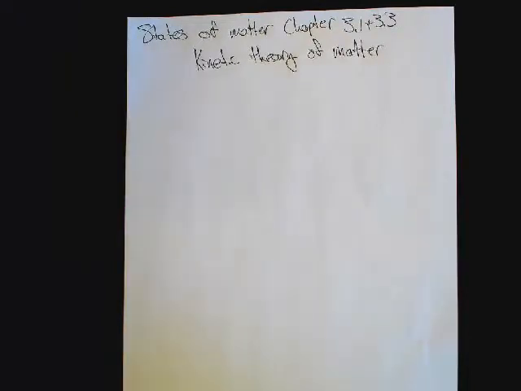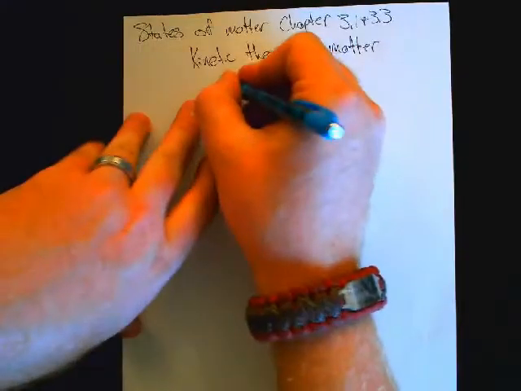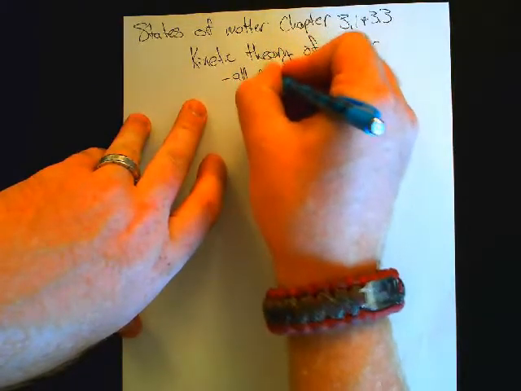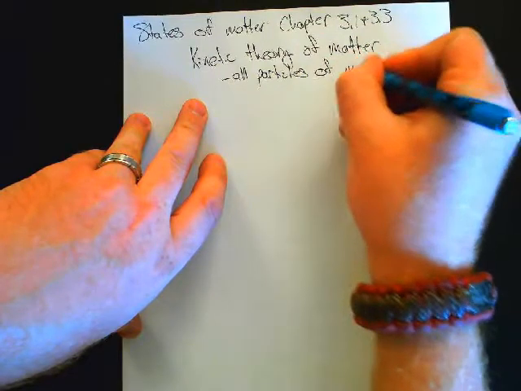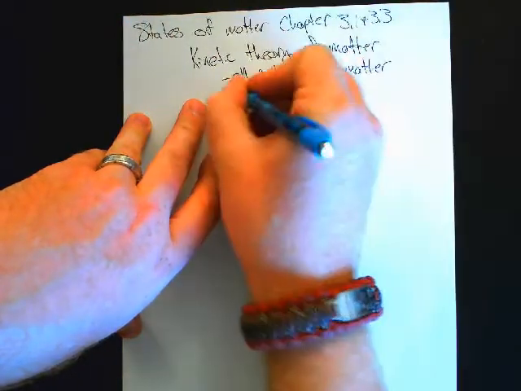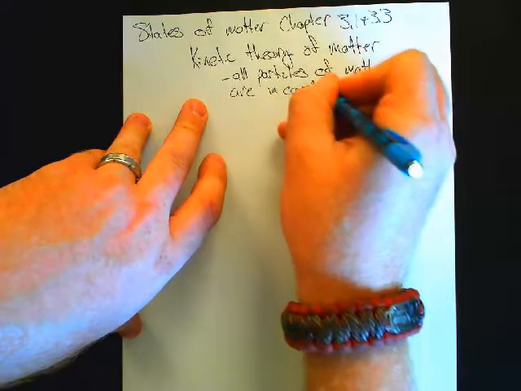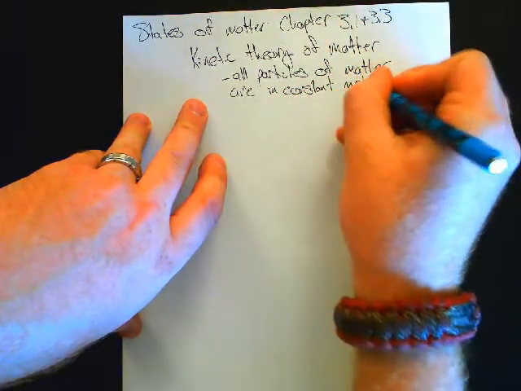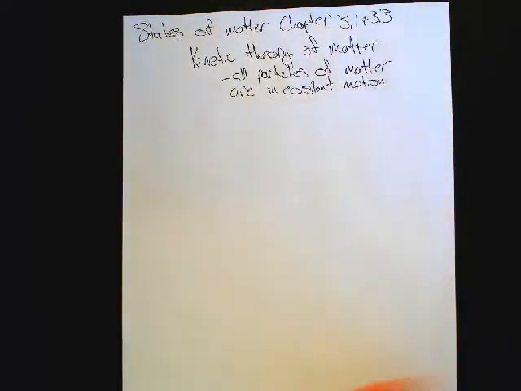All right. So when we're talking about the kinetic theory of matter, the basic idea behind it is that all particles of matter are in constant motion. The more the particles move, the more energy they have.